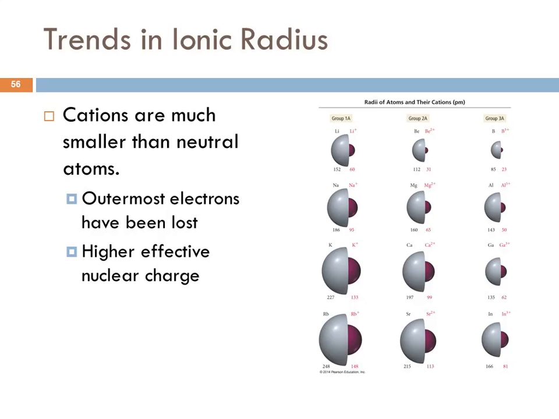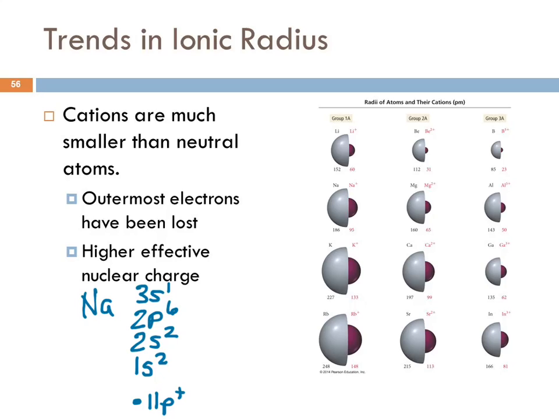Let's just think about that real quick. Let's look at somebody small, maybe sodium. So sodium, it's got 1s2, 2s2, 2p6, 3s1. And here's our nucleus with plus 11 in it, 11 protons.